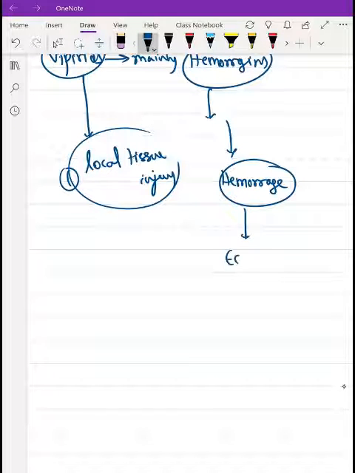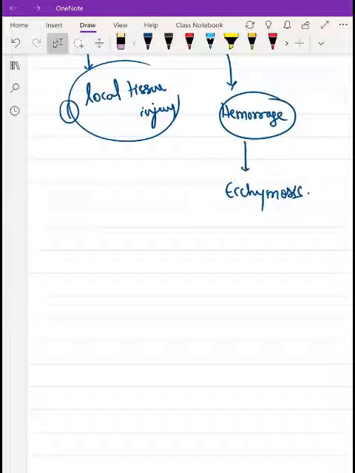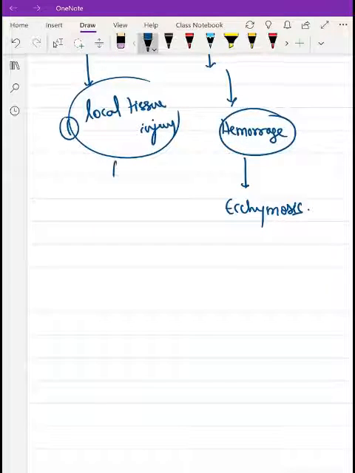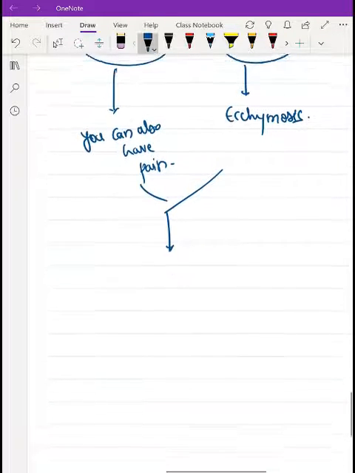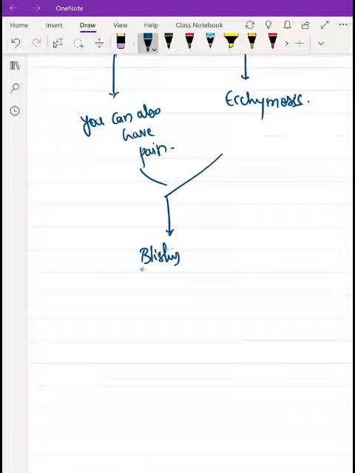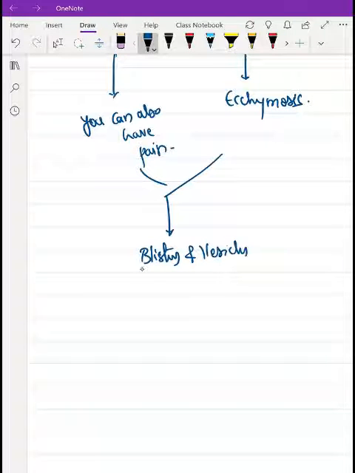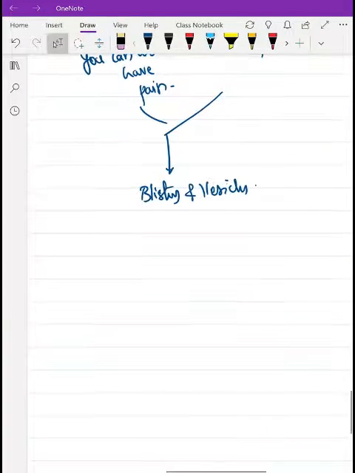You can see ecchymosis. As there is tissue injury, you can also have pain. After a few days, you can even have blisters and vesicles. These are the local findings.